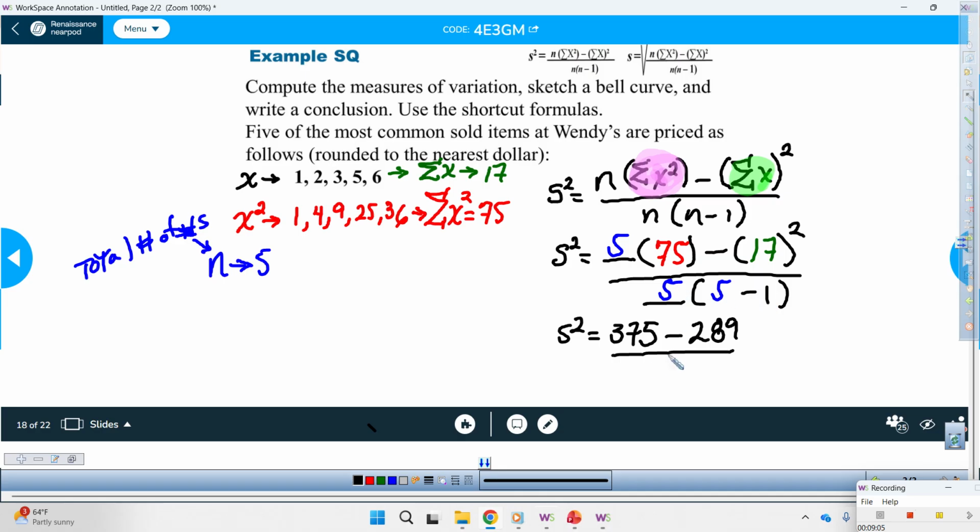So 5 times 4 is 20. Yes, thank you. So 375 minus 289, that's 86. Is that correct? Divided by 20. And that gives us an approximation of 4.3.